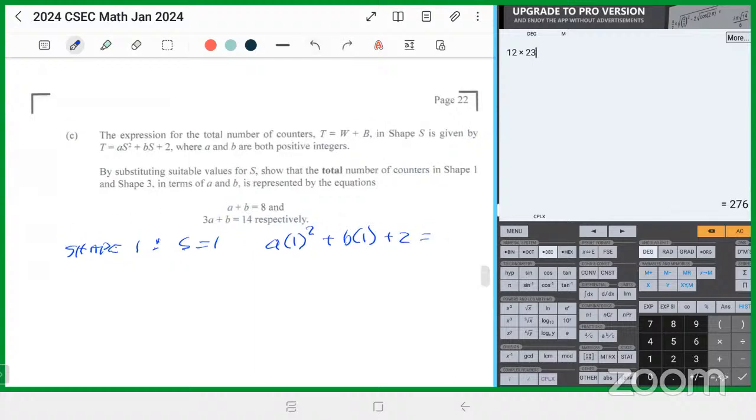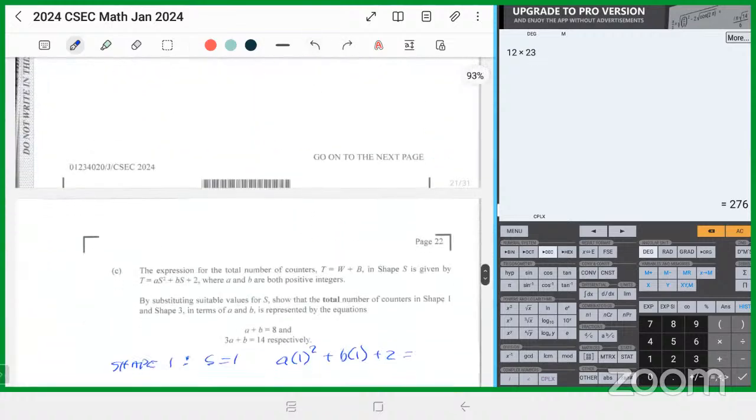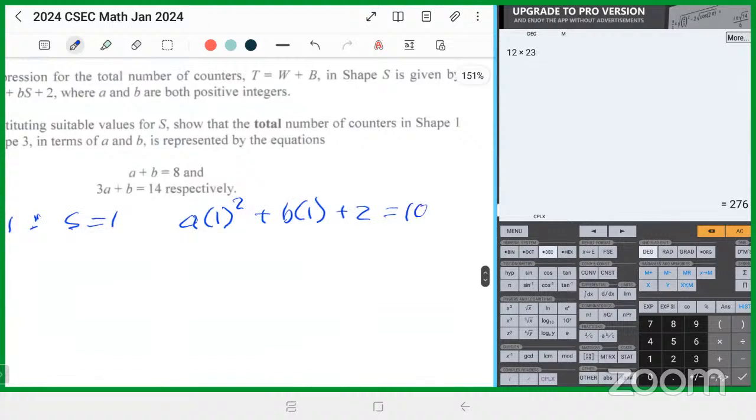The total in shape 1, remember, is 10. So I'm going to put that equal to 10. And then simplify. Now this becomes A, because the 1 squared is still 1. So that's A plus, and then this becomes b. B times 1 is b. And then this 2 goes over and subtracts from the 10 to give us 8. And so we have shown the first formula for S1, right? So this is the formula for S1 right here. That one is shown for S1.